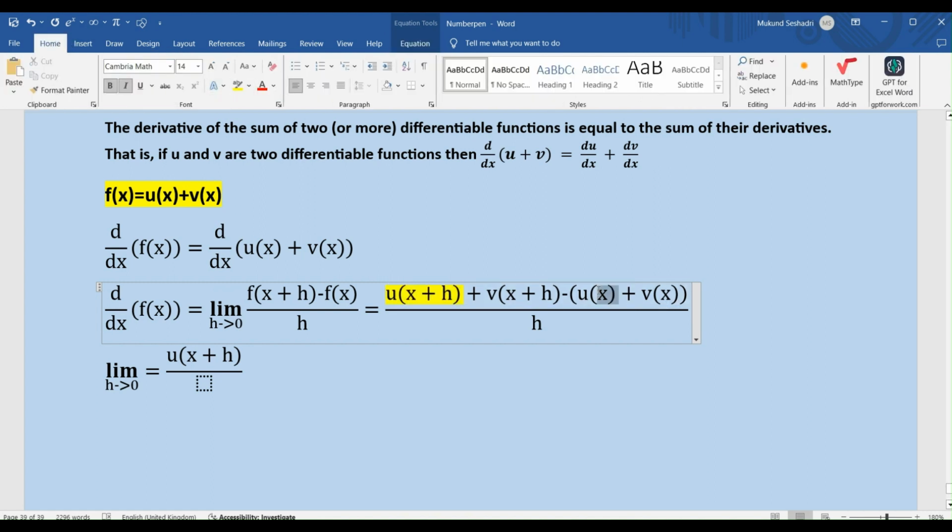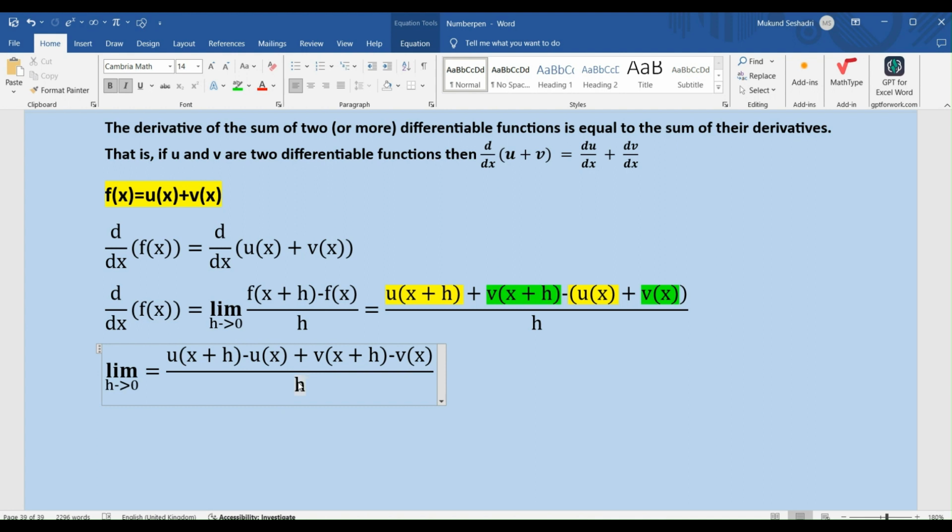Let me highlight it in blue. And I can rewrite this as u of x plus h minus u of x. And then I have my v terms, which when I combine, let me highlight them in green. I can rewrite this as v of x plus h minus v of x, right? I do all that divided by h, right?